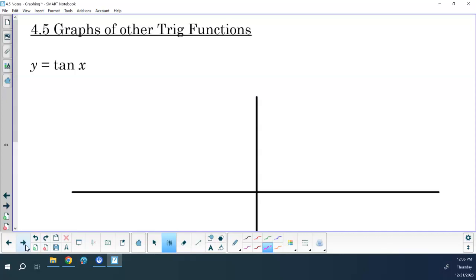So those are relatively easy to graph. The downfall is now we got tangent. And tangent is what on the unit circle? Y over x, which would also be in terms of trig, sine divided by cosine.